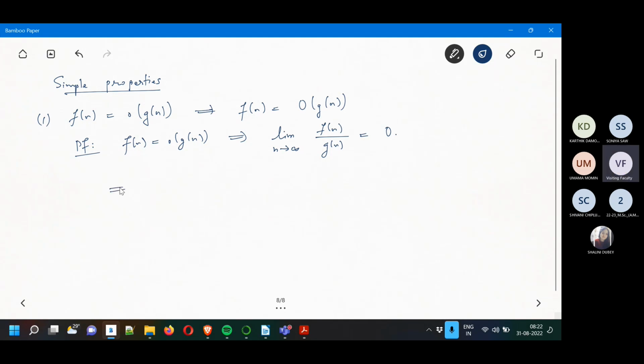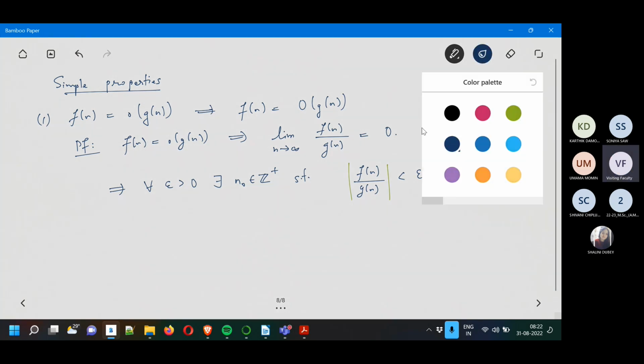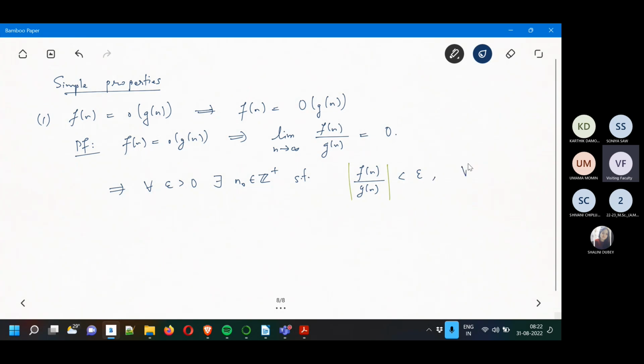So this implies, by definition of limit, for every epsilon greater than 0, there is an n naught such that f n by g n is less than epsilon. Now it should be mod f n by g n, but f and g are positive, so I can ignore the mod. I'll leave it here, but you don't really need to write the mod, for all n greater than or equal to n naught.